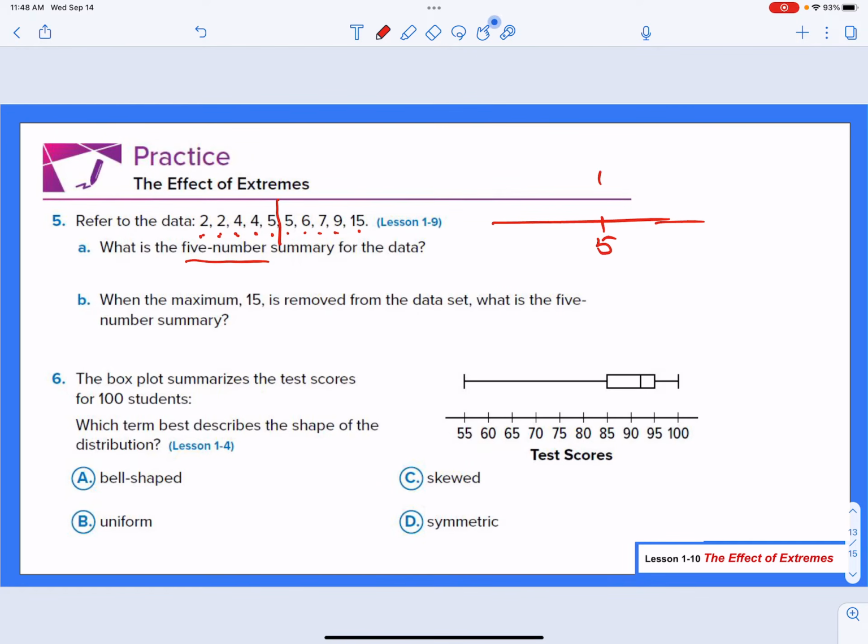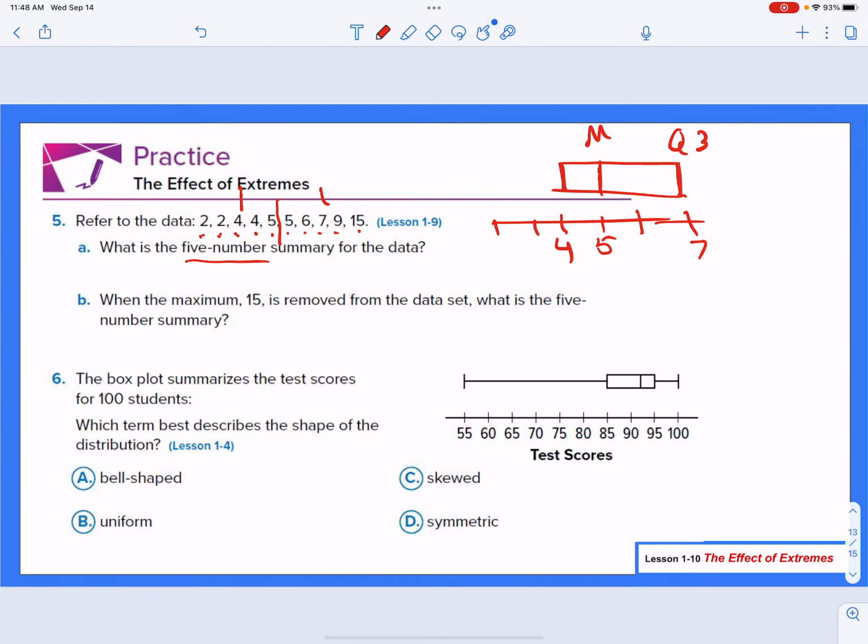Okay. Then we'll split this one between here and here. So we're going to go to 7. 6, 7 is our other line, our quartile 3. And here we have 1, 2, 3, split right there at the 4 for quartile 1. So there's our box.